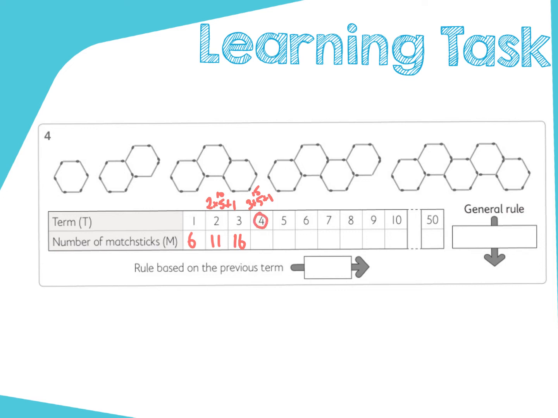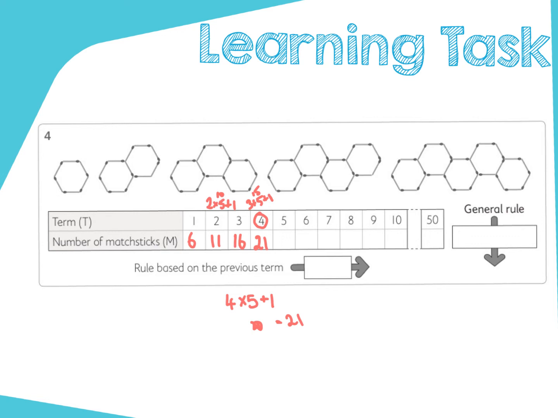Let's have a look at the next one. I've got 4 this time, so I'm going to say 4 times 5 plus 1. 4 times 5 is 20. 20 plus 1 equals 21. So I'm saying this is 21 for shape 4.